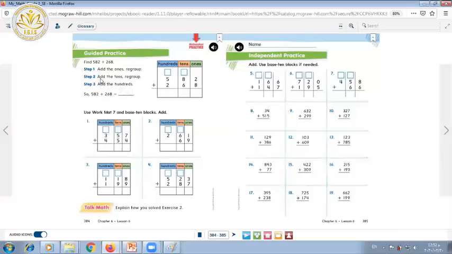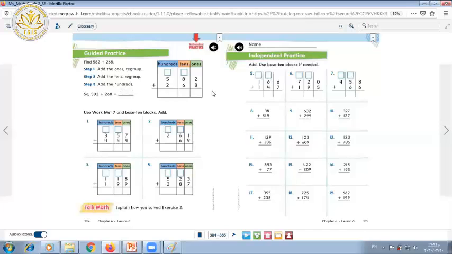Now step number 2, we add what? Add the tens, and also we will regroup. 1 plus 8 equals, that's right, 9, and 9 plus 6 equals 15. Good job, 15. The 15 is what?